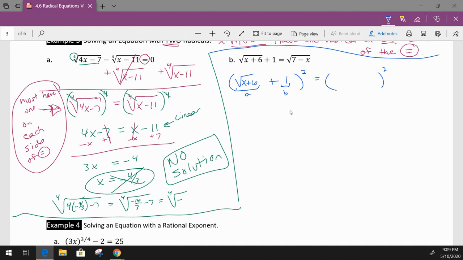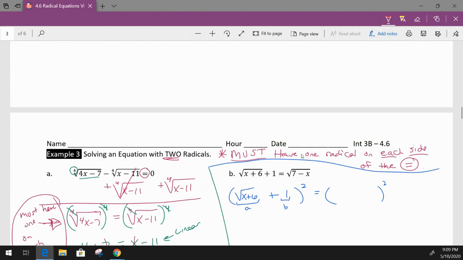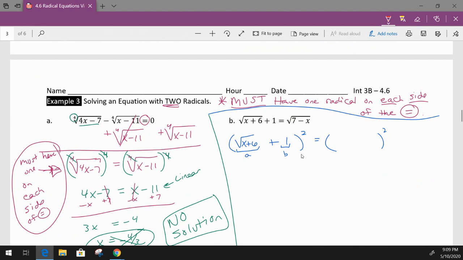So again, using that special product rule, it's very helpful if you know those special product rules. I'm just going to write it. Let me put it up here at the top of the page. So a plus b squared equals a squared plus 2ab plus b squared. So when you have a binomial squared, you get a trinomial.